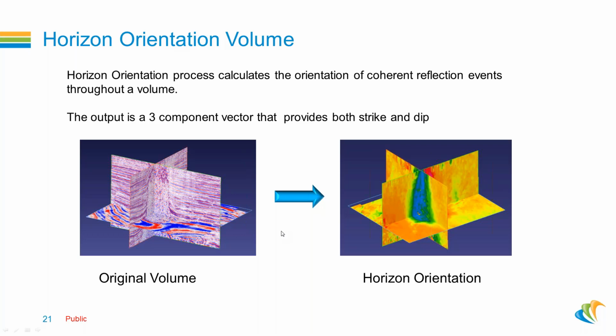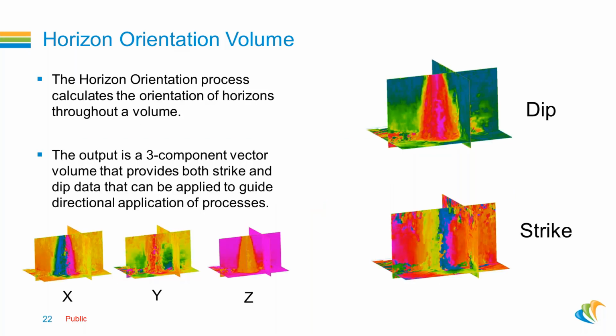Regarding this horizon orientation, let's talk a little bit about that. This is the first attribute that we get in the first process, and we will take advantage of this horizon orientation attribute in the next steps to interpret our salt body. The horizon orientation volume is a 3-component vector volume, and as you can see here, we have 3 different views.